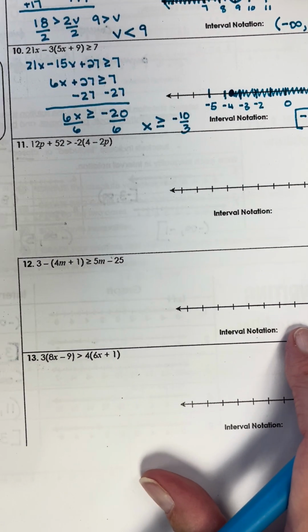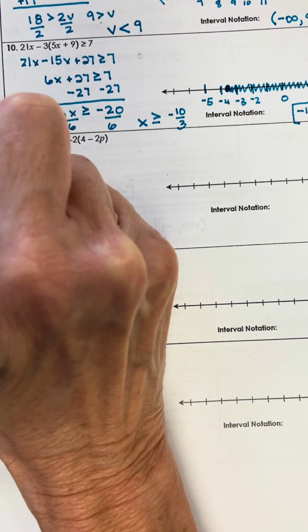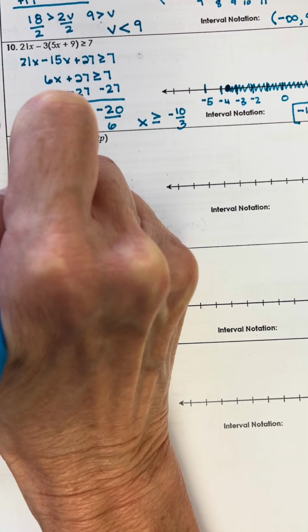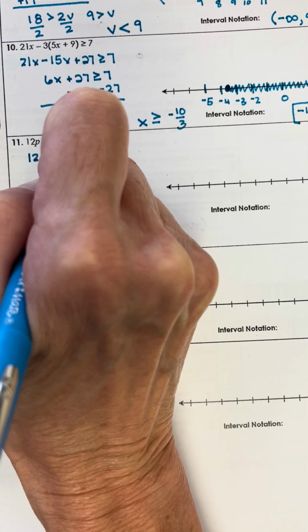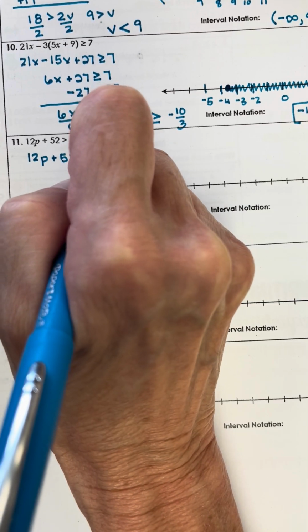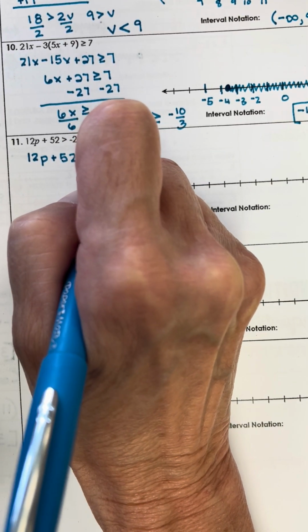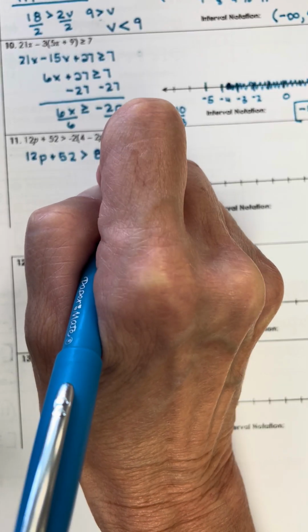Let's do 2 more. Guys, in this next example, I have 12p plus 52 is greater than negative 2 times 4 is 8, and negative 2 times negative 2 would be a positive 4p.